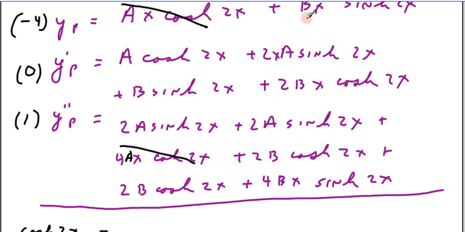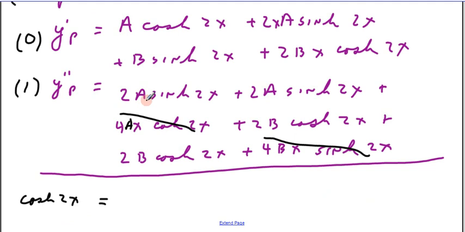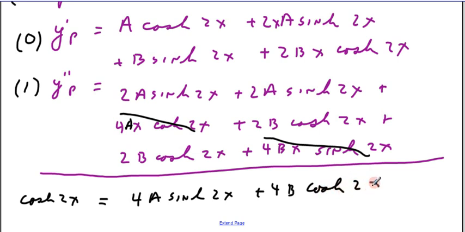Here I have minus 4bx hyperbolic sine, minus 4bx hyperbolic sine. That goes away. Okay, well then all I've got left is 4a hyperbolic sine 2x plus 4b hyperbolic cosine 2x.